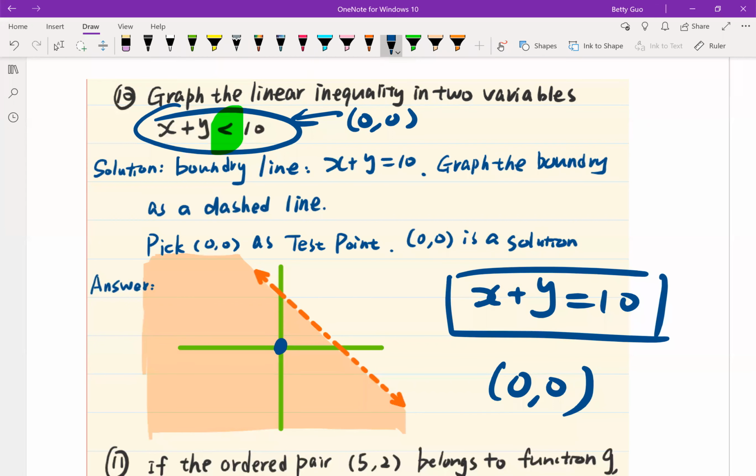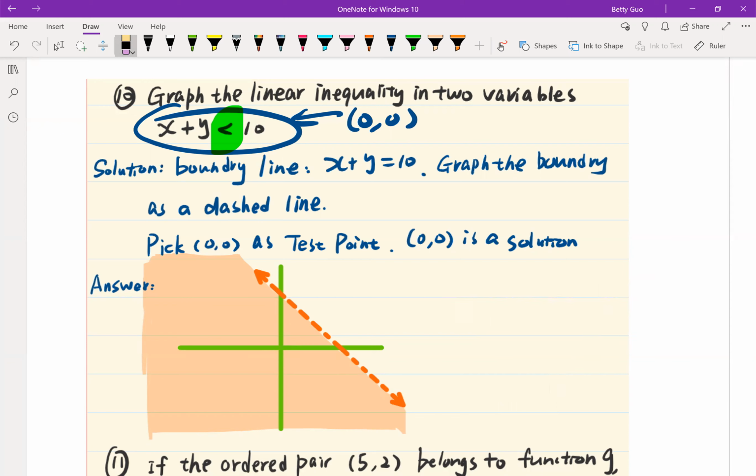So that means you shade the region below the boundary, including the origin. All the points below the boundary, all the points in that half plane, those are the solutions.